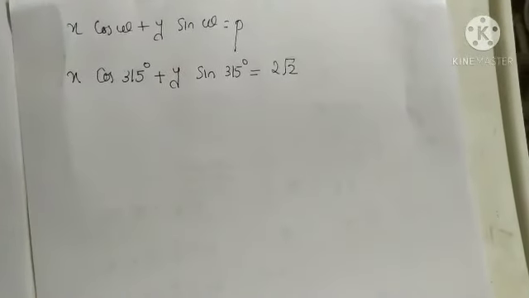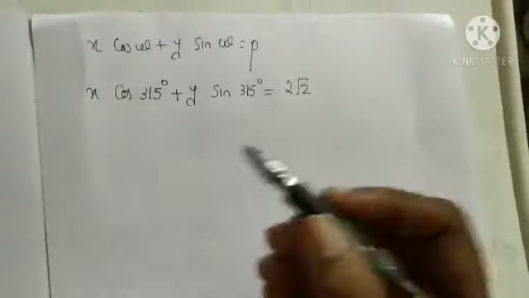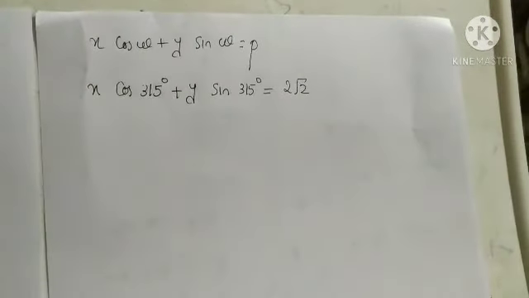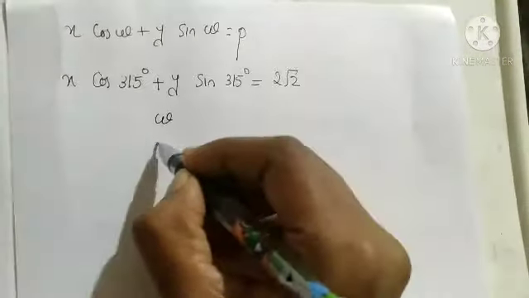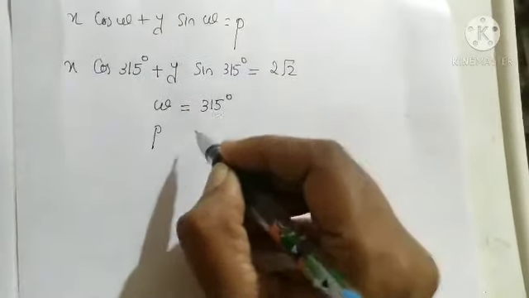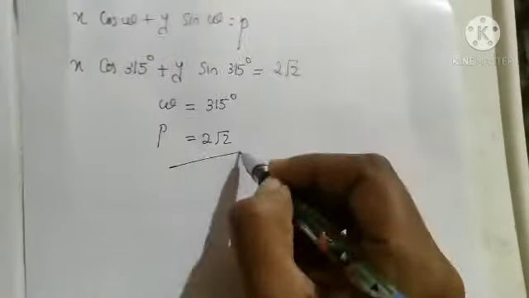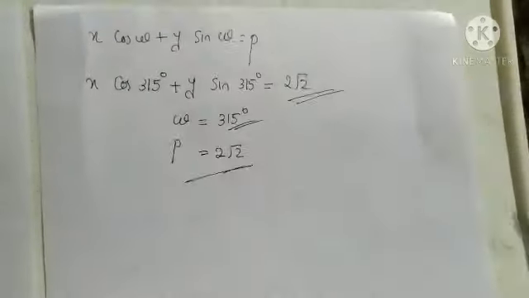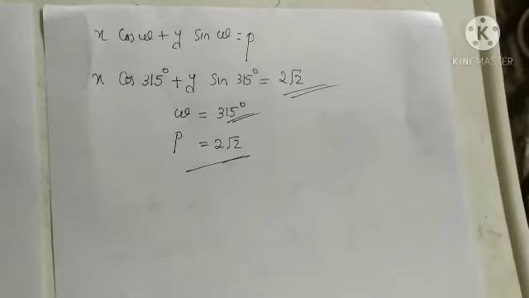Here in this question they were asking to find out the value of omega and p, and now we get the value of omega as 315 degree and p as 2 root 2. Okay, and this is our final answer. I hope you understood this question.